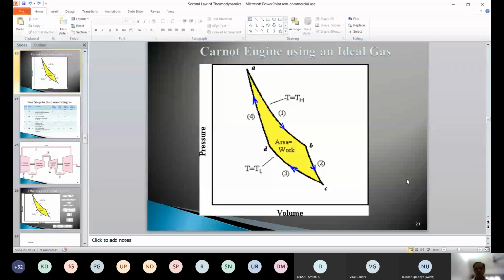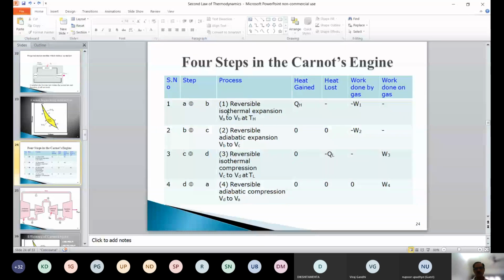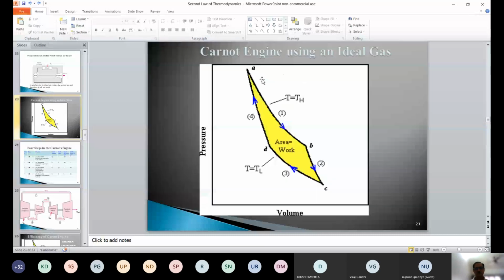So the first step mentioned here is reversible isothermal expansion from VA to VB at T hot, which is from here to here. That means pressure is reducing and volume is increasing. When there is expansion, volume is increasing from VA to VB, so pressure has to reduce. Ideal gas, right?